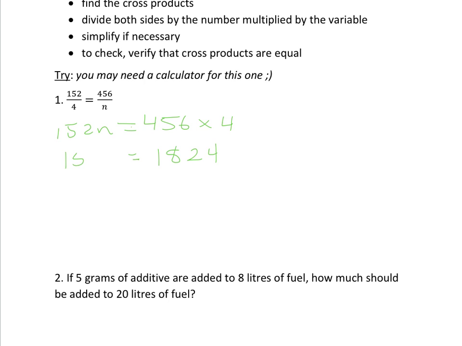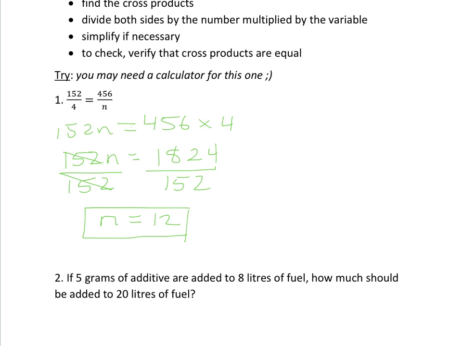And I have 152n, so I'm going to divide both sides by 152. When I do, I'm left with n equals 12, because 152 divided by 152 is 1, so I have 1n, and 1824 divided by 152 gives 12.